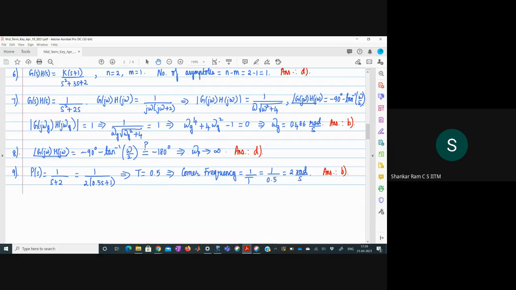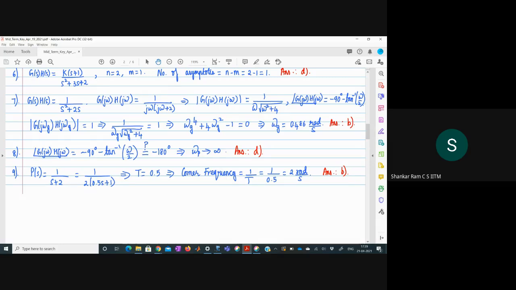Because 1 by 2 is 0.5. Yeah. So the magnitude will be 20 log of 0.5, which will be a negative number, right? But what is the definition of the corner frequency? It is the frequency at which the low frequency asymptote and the high frequency asymptote intersect, right? So that is not changed by the factor of 1 by 2.